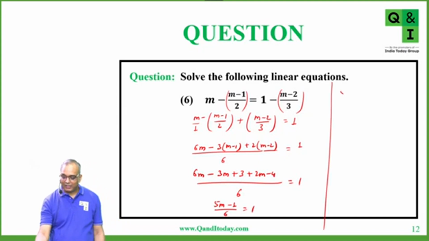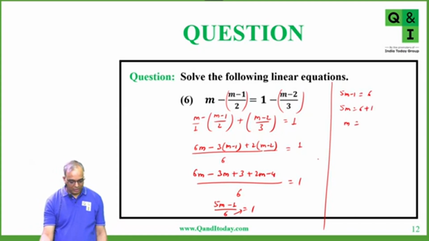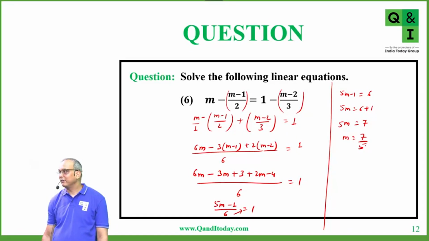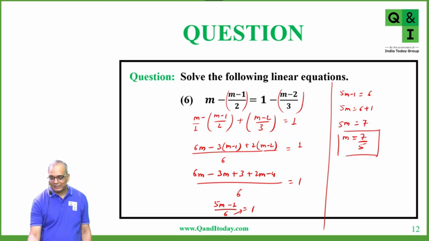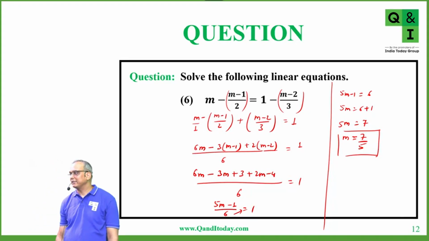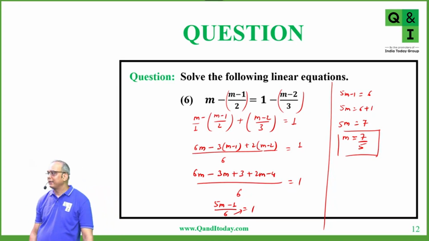So here we get 5m minus 1 is 6. We'll take 1 to the other side. And then 5m is equal to 6 plus 1, 5m is 7, or m is equal to 7 by 5. So the answer here is m equal to 7 by 5. This is the solution of the linear equation given in the question. Is it clear?